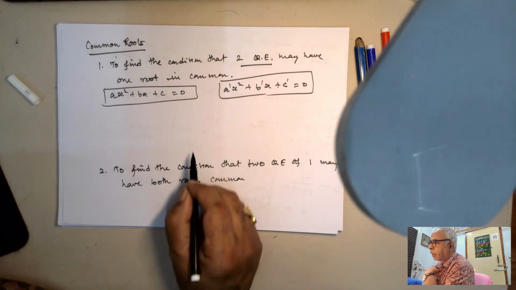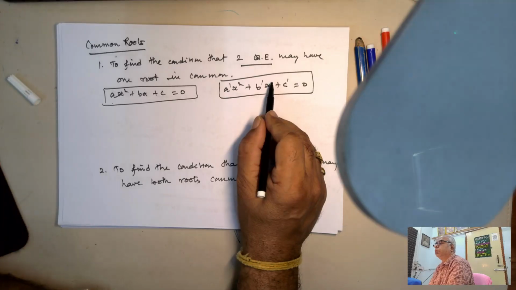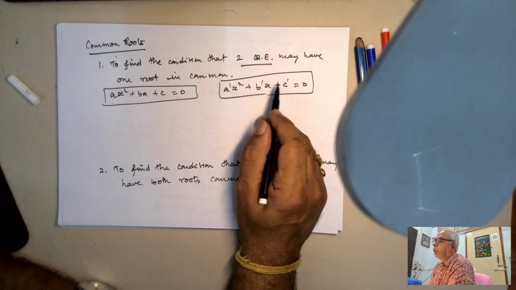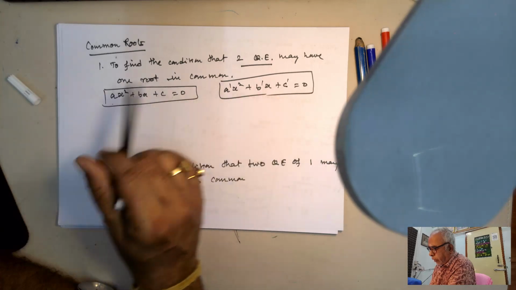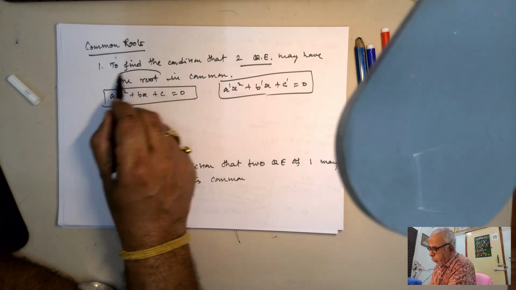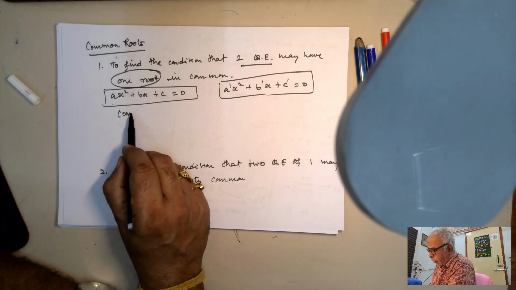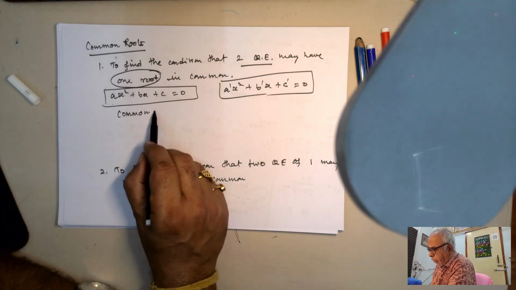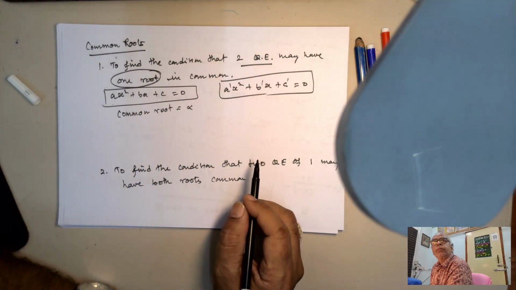This is another quadratic equation. Quadratic equation 1, quadratic equation 2. Now, let alpha be the common root for both of them, because there is one in common. So the common root is alpha.